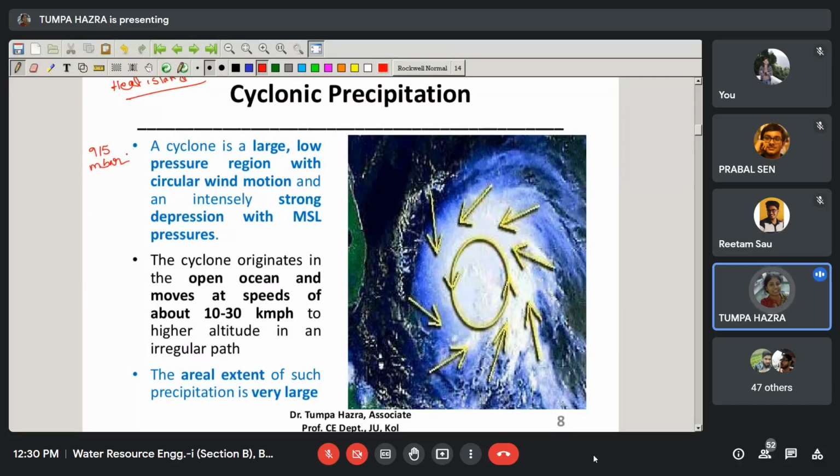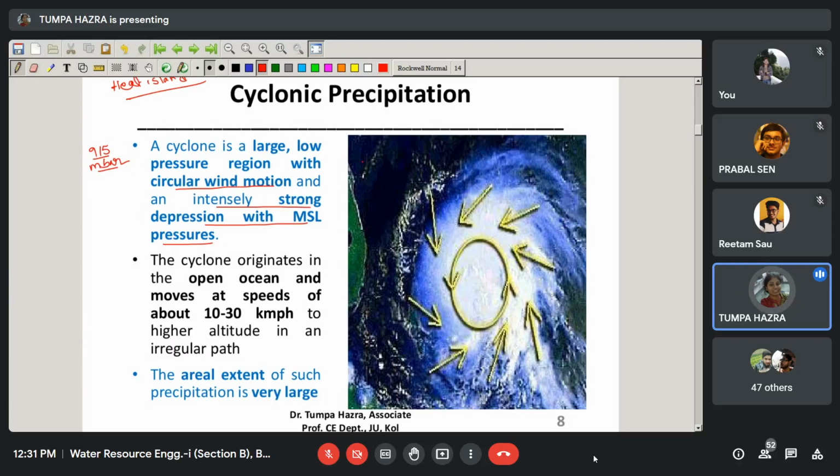You know the unit of pressure is bar, so it even becomes 915 millibar. So a cyclone is basically a large low pressure region with circular wind motion and an intensely strong depression with mean sea level pressures.